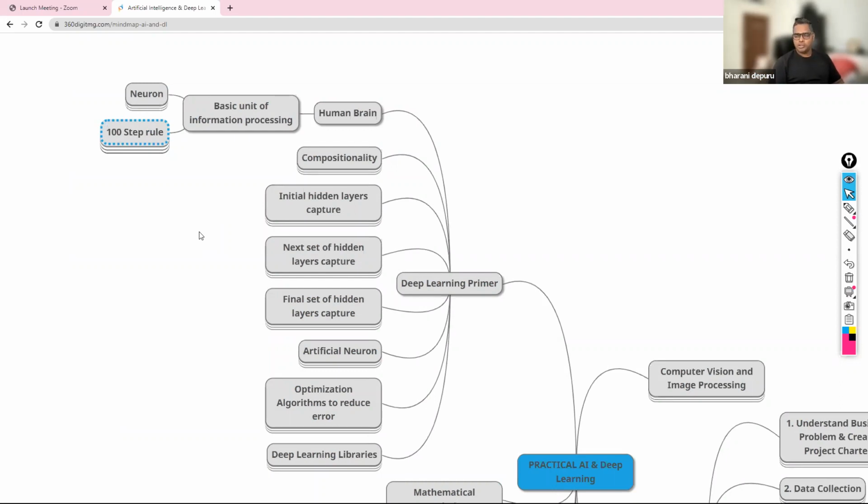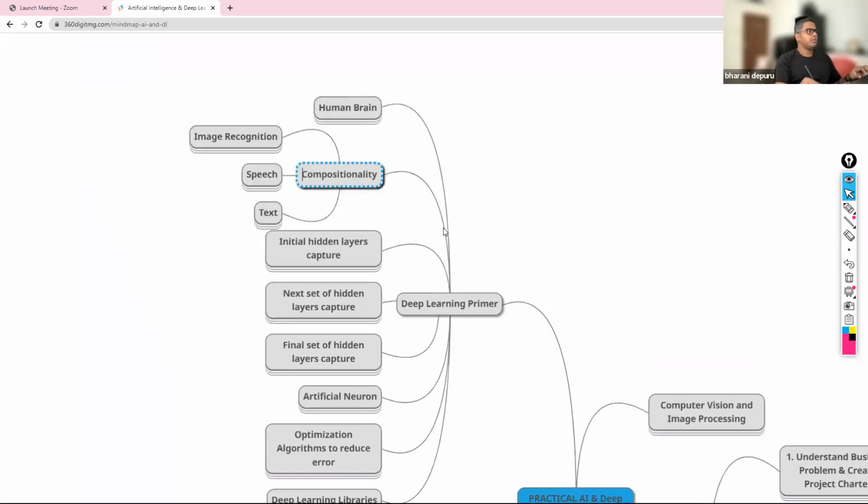However complicated the task might be, if you do it repetitively, you end up using only 100 neurons. But typically, the human brain has millions of neurons. This is what we have understood.